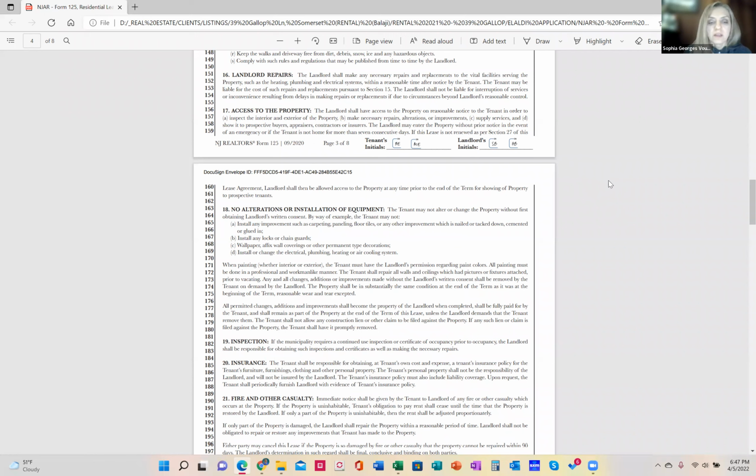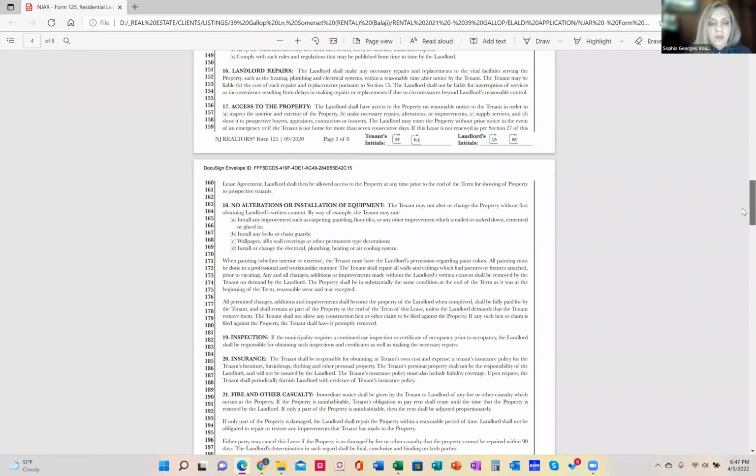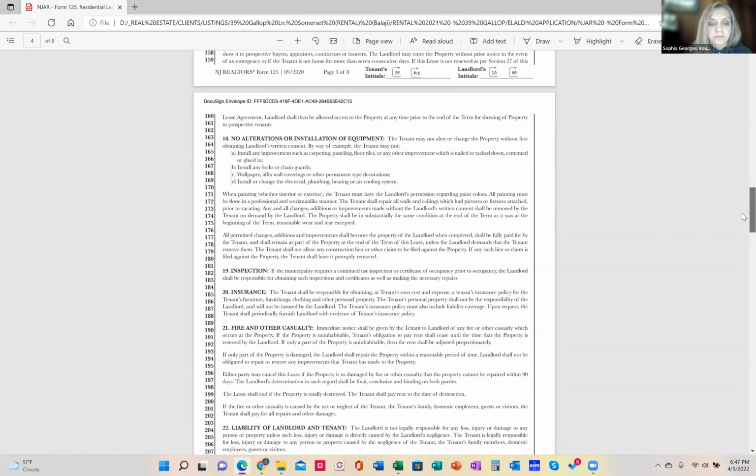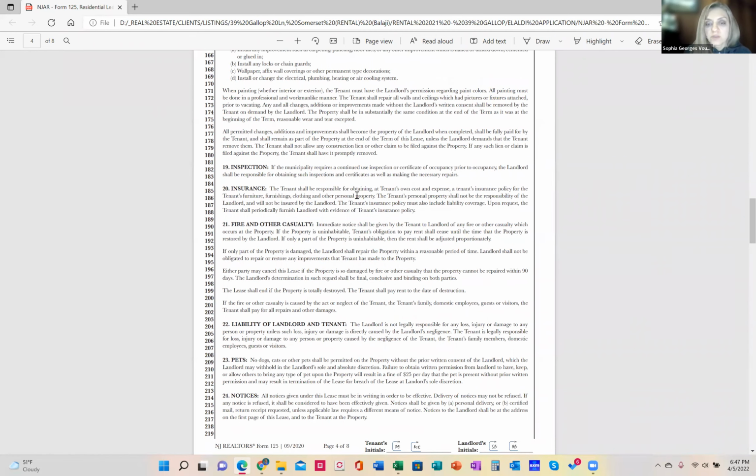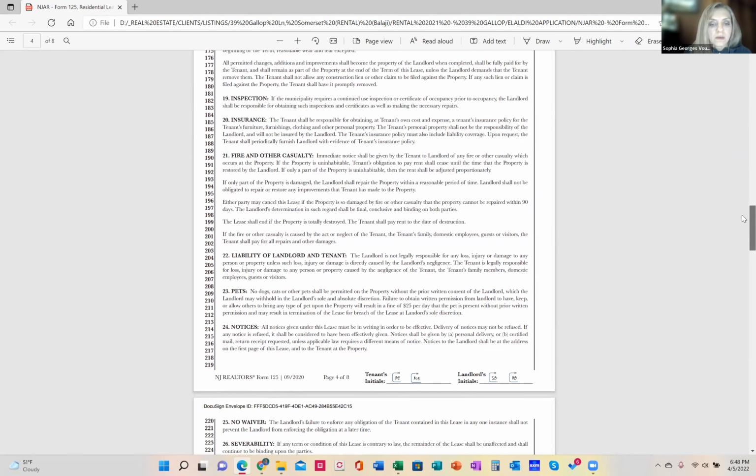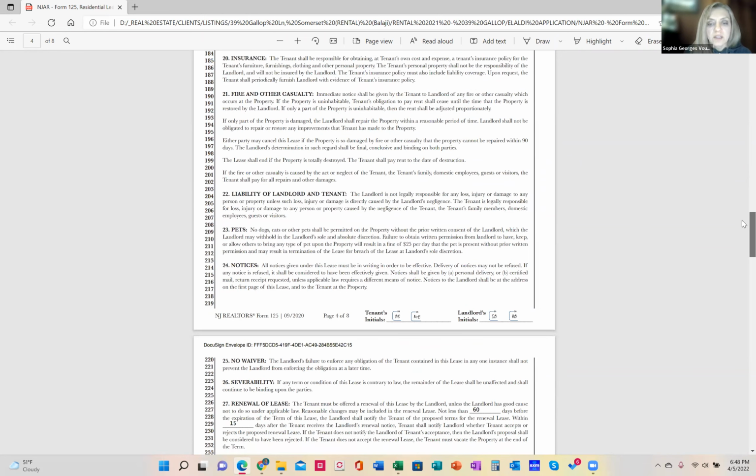It talks about all that. This is where it talks about the insurance, that they're responsible for obtaining a tenant's insurance policy at their own cost. All right, liability of landlord and tenant. The landlord's not legally responsible for loss or damage.